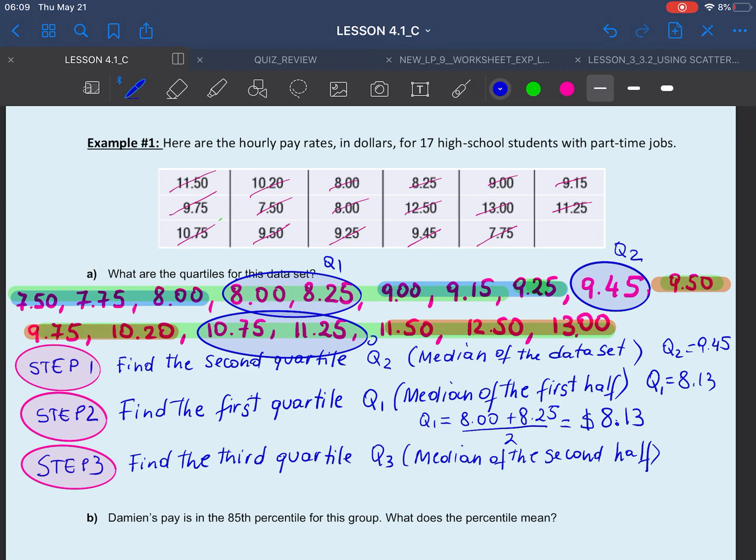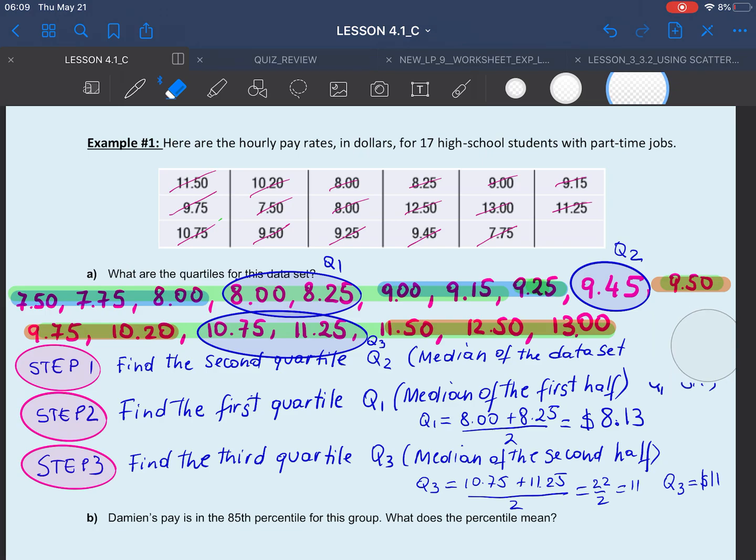Q3. And Q3 would equal 10.75 plus 11.25 divided by 2. That's 22 divided by 2, or 11. So Q3 equals 11. So $11 then. Let's give it unit measurements as well, since we know what we're talking about.